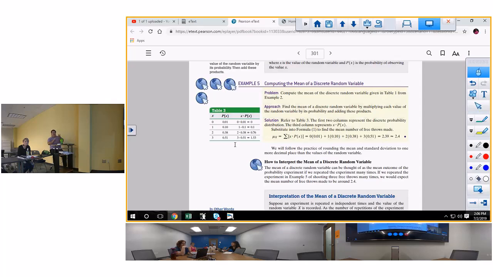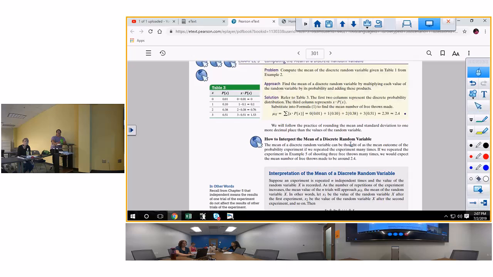Well, what's different about that? Before, you took test scores and found the mean, and you took a frequency distribution and found the mean. Now you're taking a probability distribution and you're finding the mean. So remember, what are the most important numbers in statistics? Mean and standard deviation. So that's why you've got to find these things. All right?